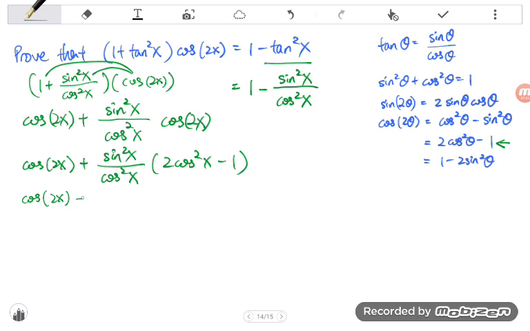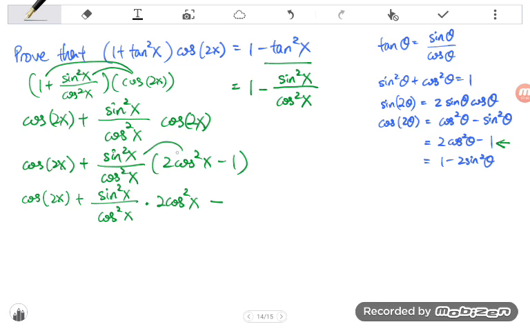So cos 2x, haven't changed it yet. So multiply this, that gives me 2 sine square x. Right? Let me just show the steps, I think that's better. So this is sine squared x over cosine squared x multiplied by 2 cosine squared x.